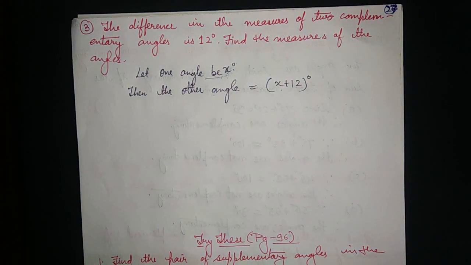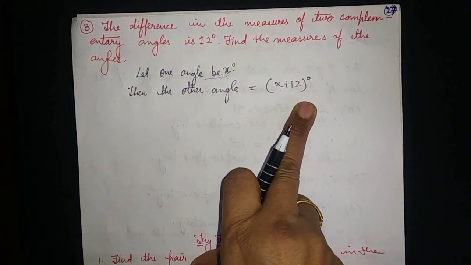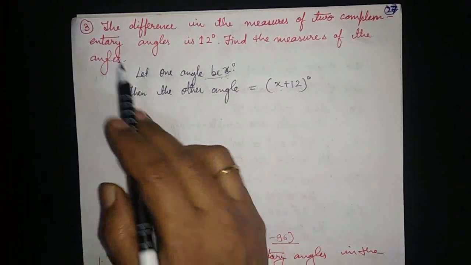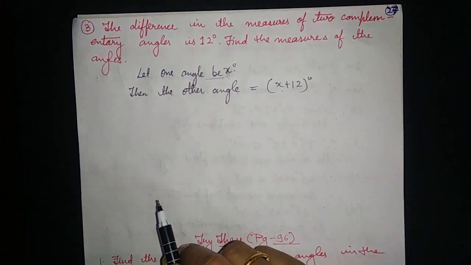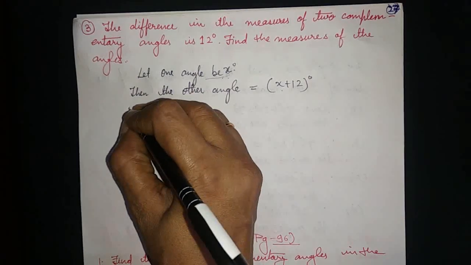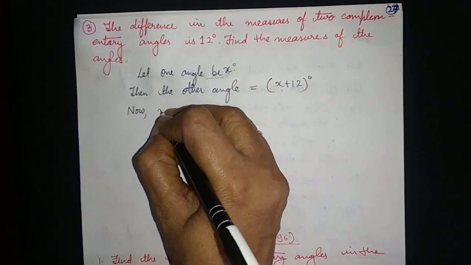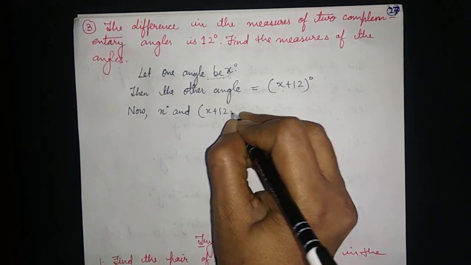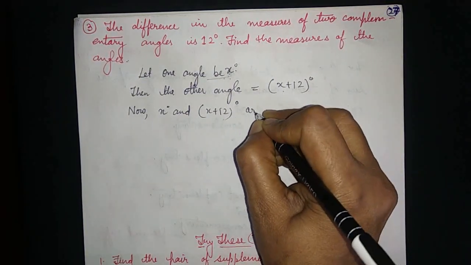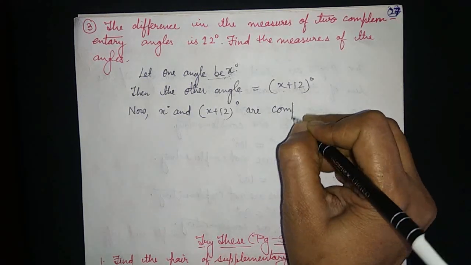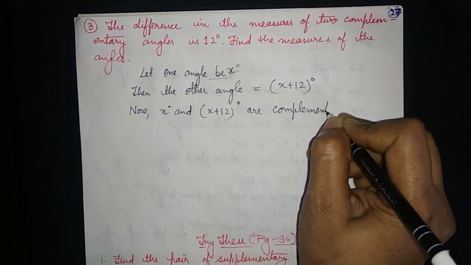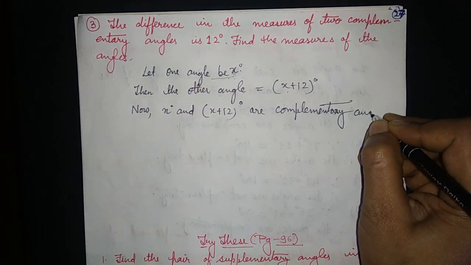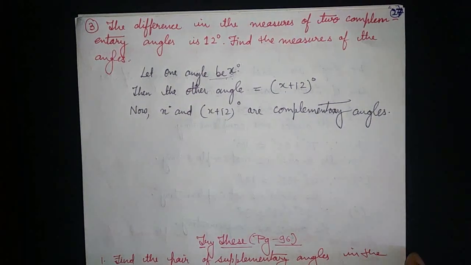Now x degree and x plus 12 degree are complementary angles.